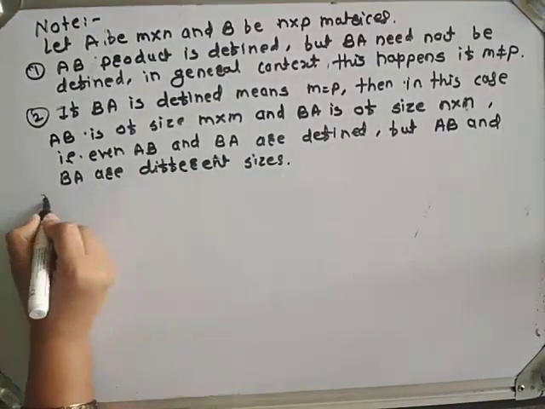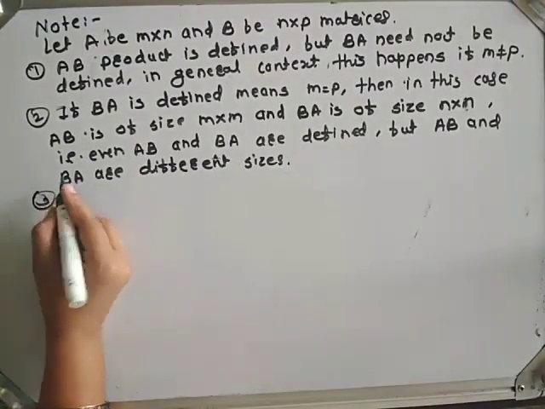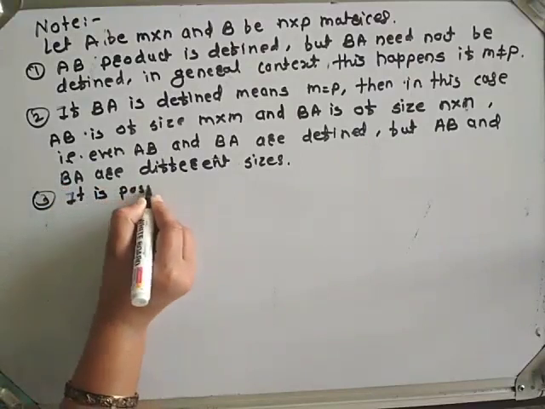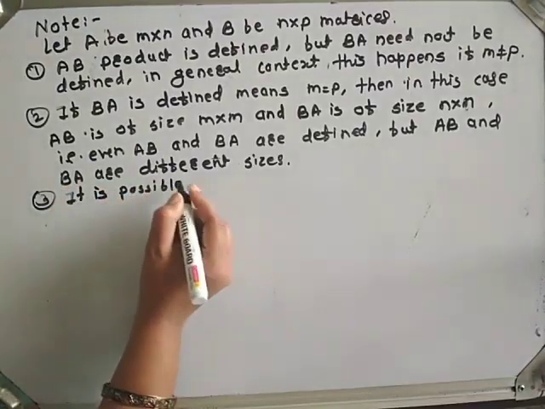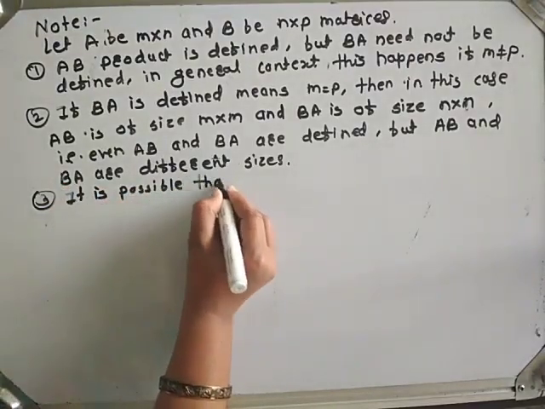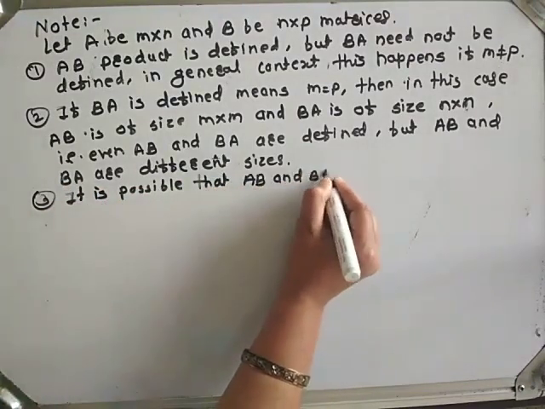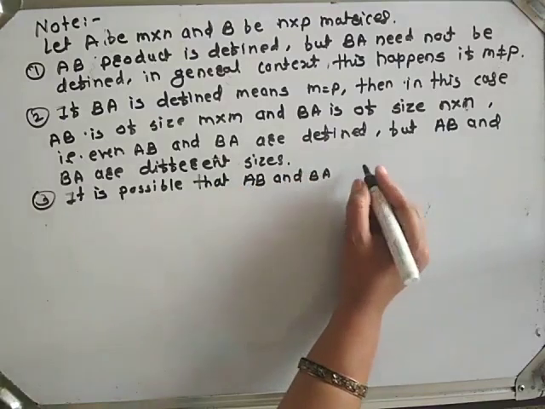Let us take the next note, note 3. It is possible that AB and BA may be of the same size.